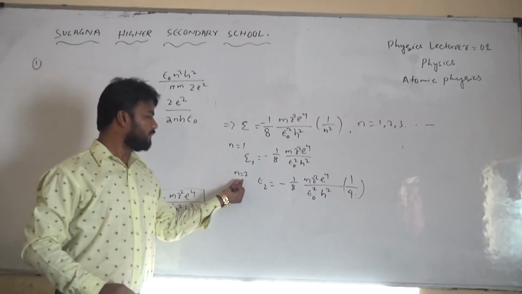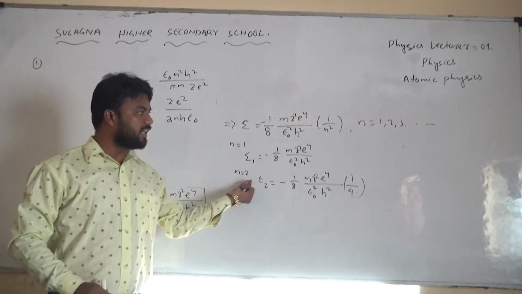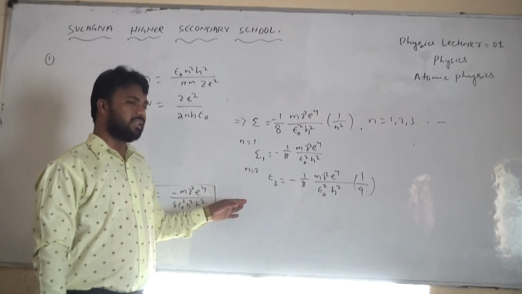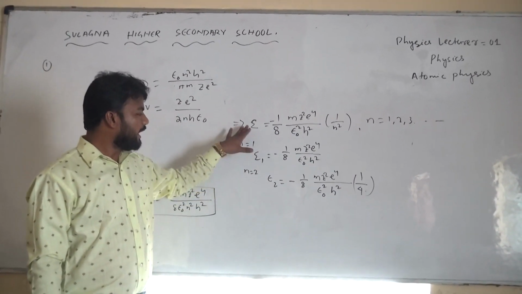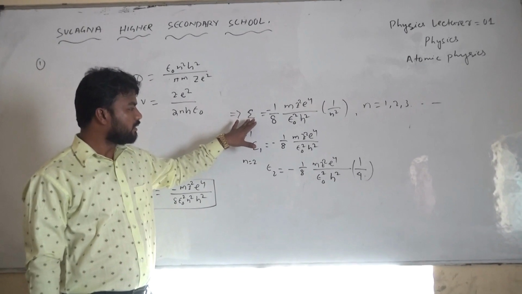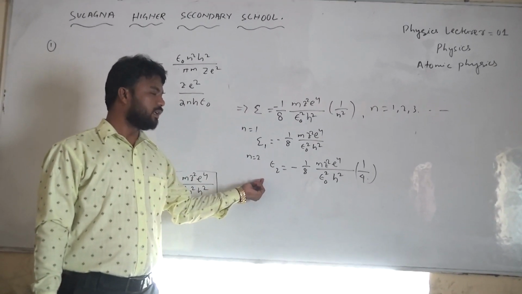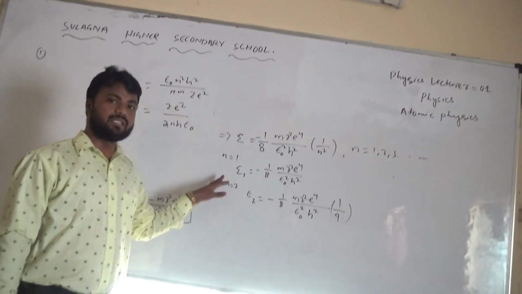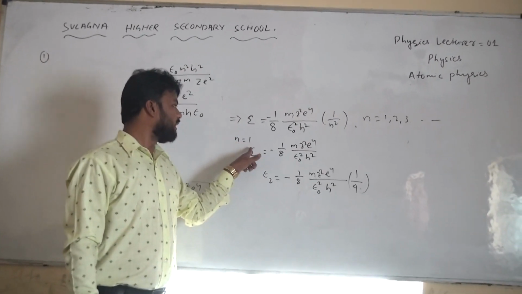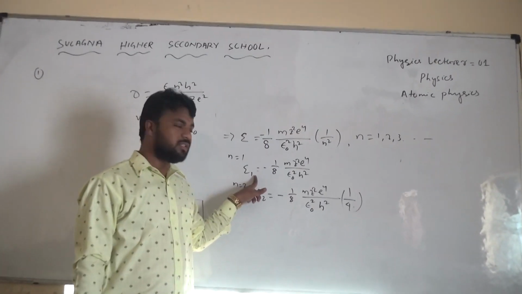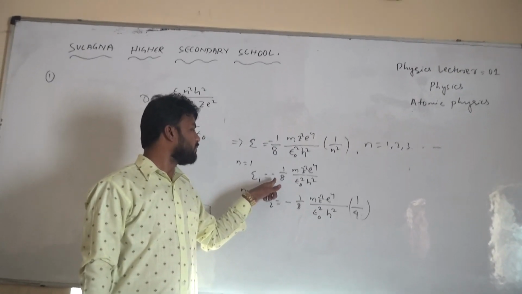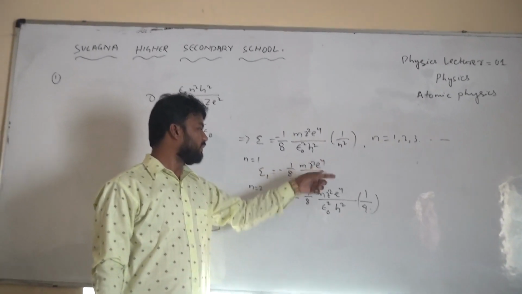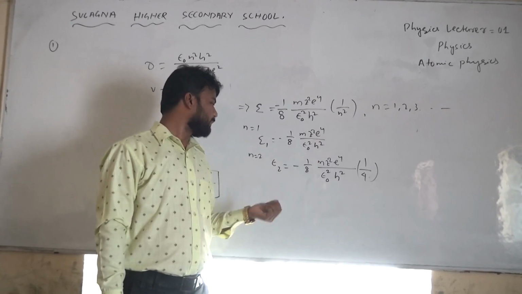When the value of n is increased, then the value of energy goes to less negative. When n equal to 1, the total energy E1 equal to minus 1 by 8 m z square e to the 4th by epsilon naught square.